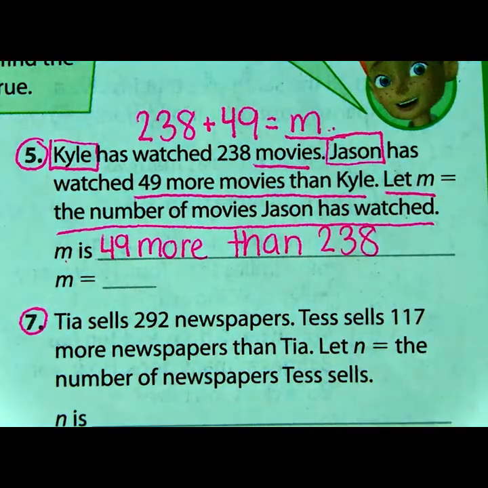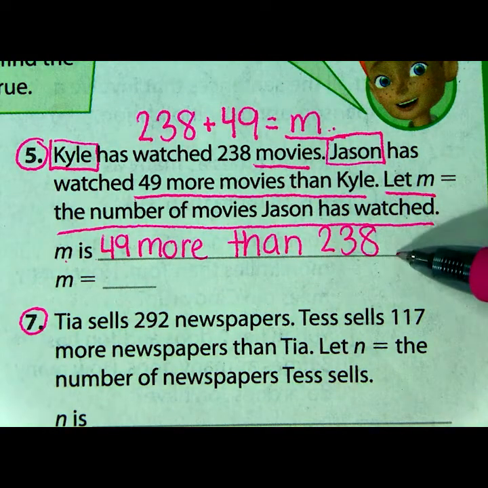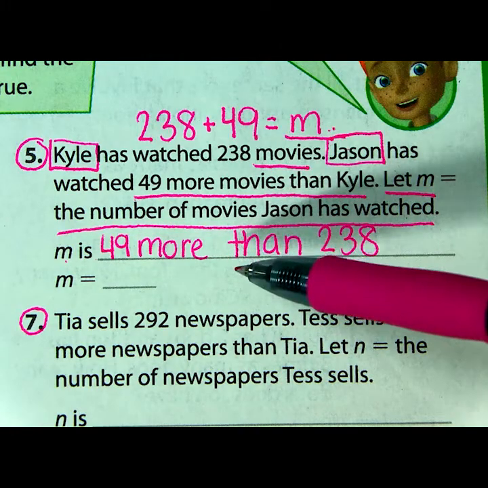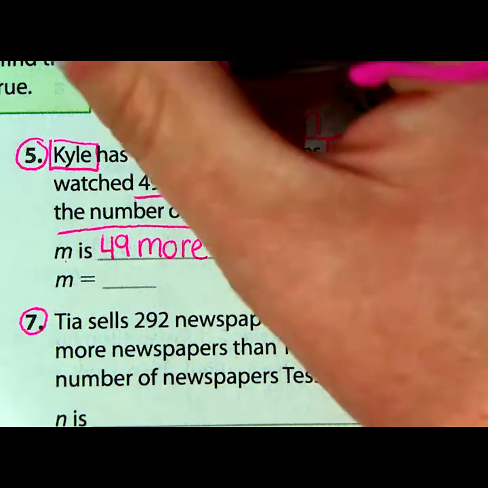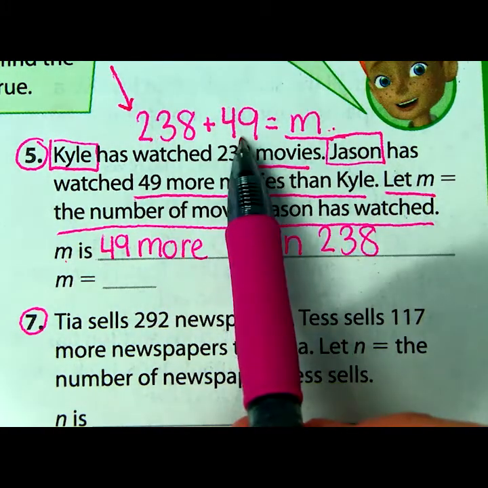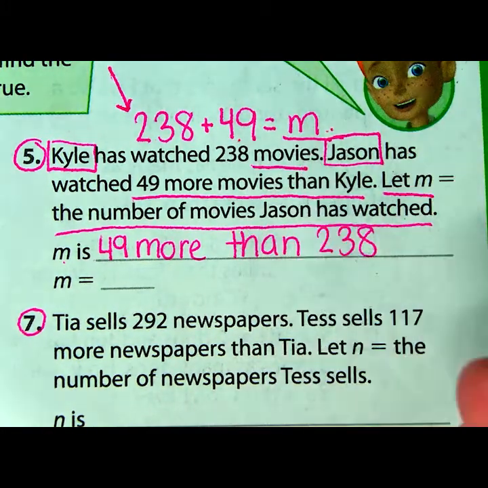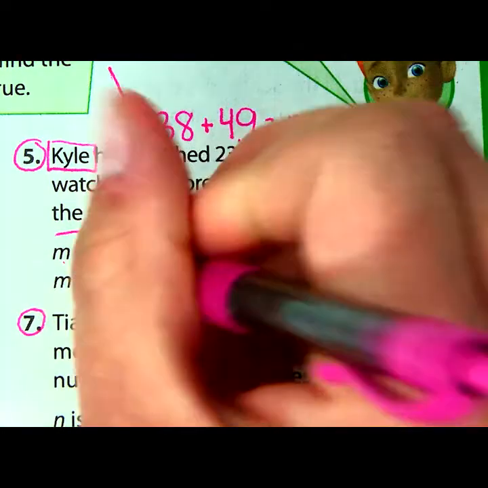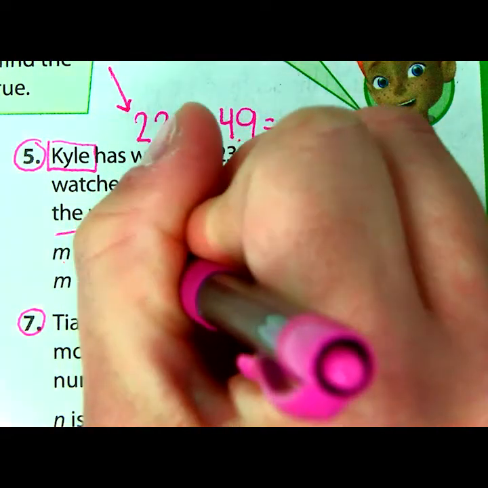Now, maybe you wrote something different here. Maybe you wrote down 238 plus 49. That is okay. As long as you knew that to solve for Jason, you would have to add those two amounts, then you did this problem correctly. If you added these two numbers together, you would find a total of 287 movies.